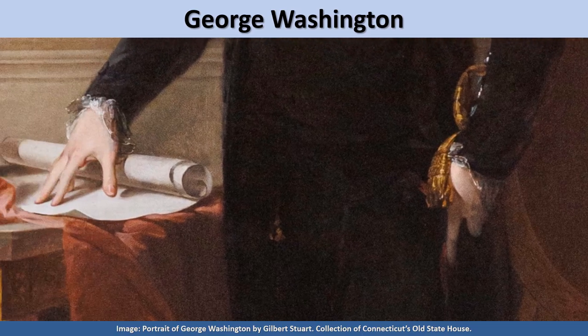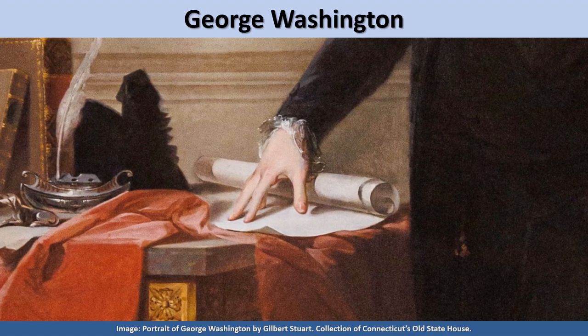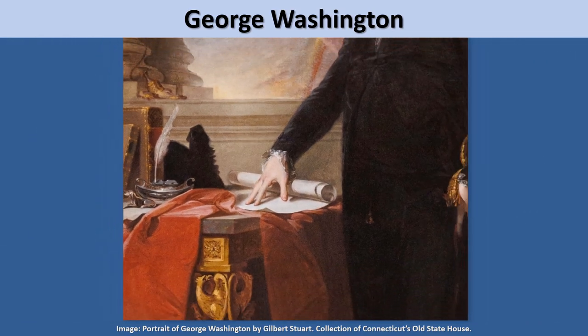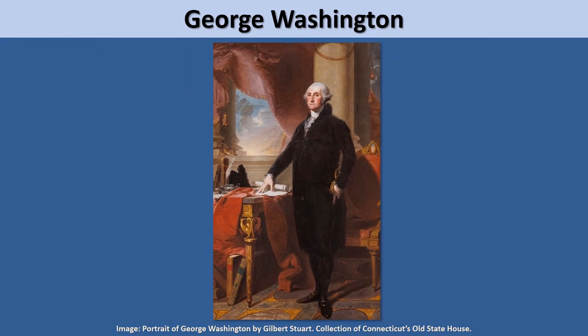Instead of war, during his presidency, Washington was focused on supporting the new government set up by the Constitution. Washington's hand resting on a stack of papers on the desk beside him implies that his efforts are centered on constitutional affairs. Washington's contributions to the establishment of the U.S. federal system of government are another reason he is sometimes called the father of our country.